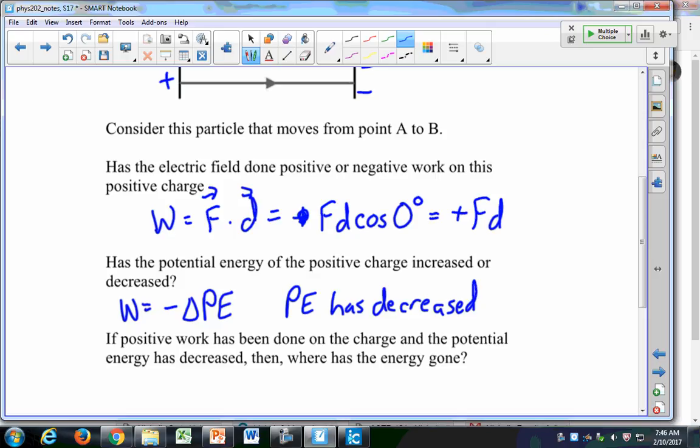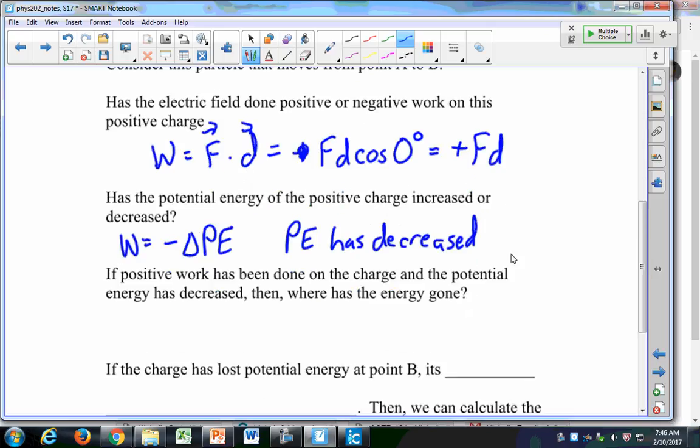And so where has the energy gone? If my potential energy is decreased, but I've done work on this object, what kind of energy does it now have? It has kinetic energy. And so this is a really great thing about work and energy, is that we can use our electric field and the distance over which it travels to figure out what is the kinetic energy of this object. So whatever the work that is done is equal to a change in kinetic energy.